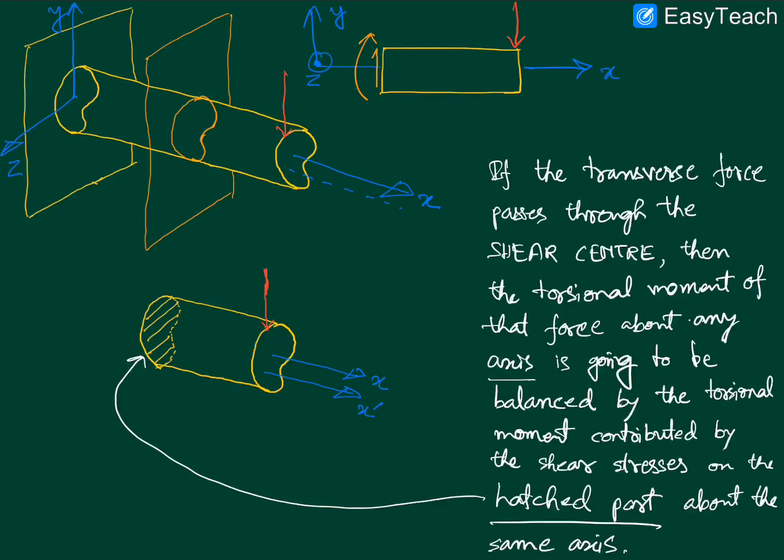Keeping those in mind, the theory that will develop here will pertain to a very important aspect of those kinds of cross sections. And that important aspect is that all of those cross sections, whether it was the Z section, the L section, the T section, or the I section, had a characteristic that they were composed of very thin members.